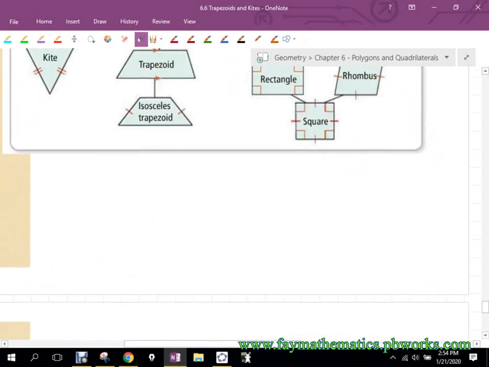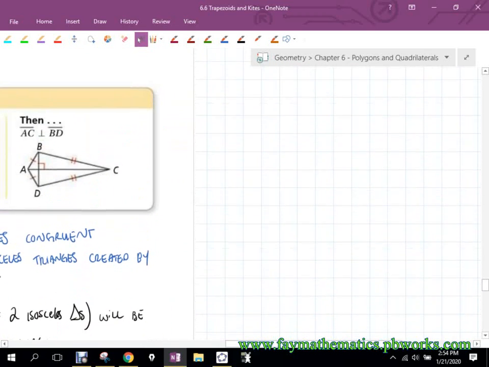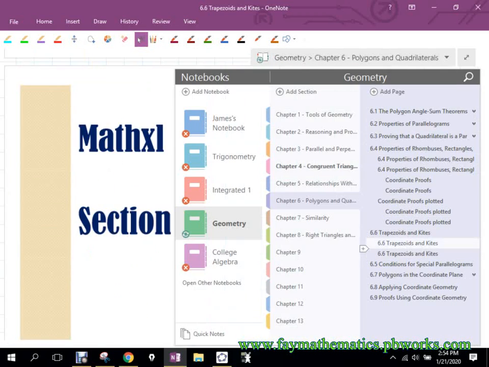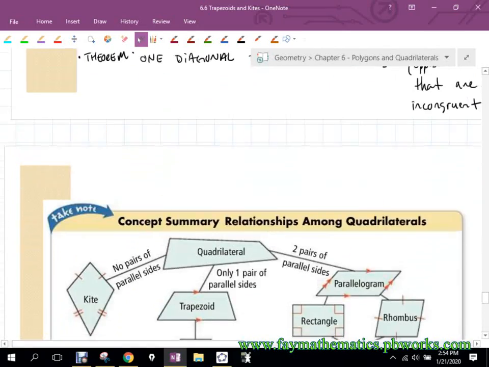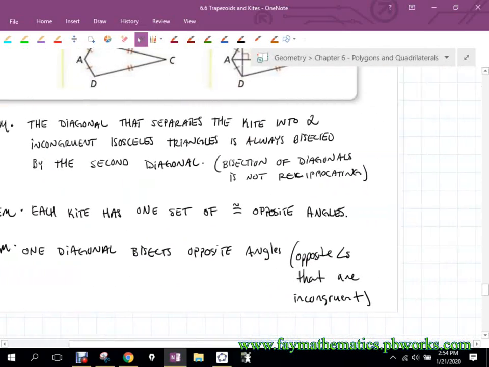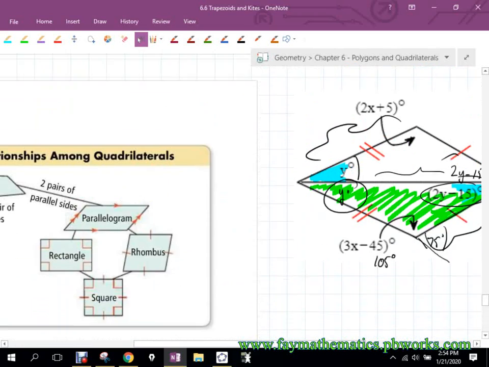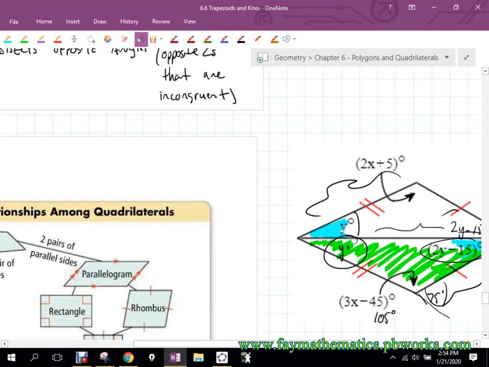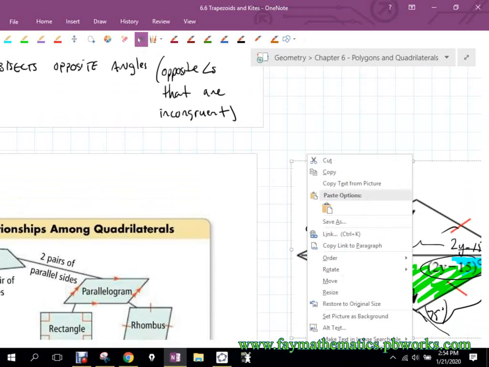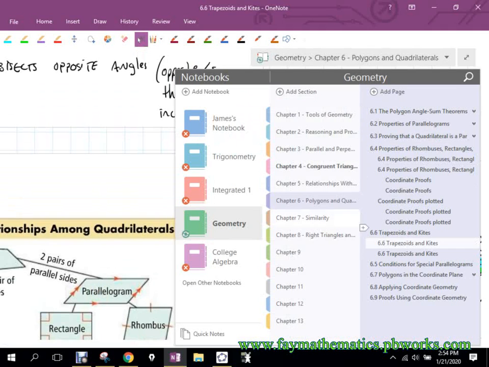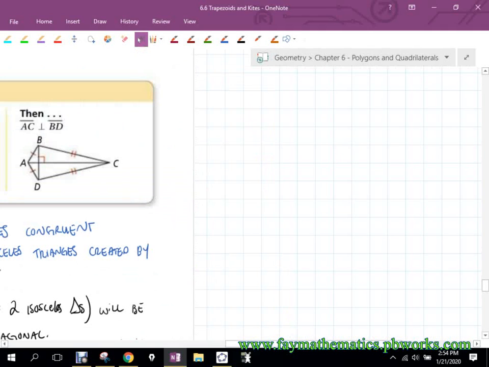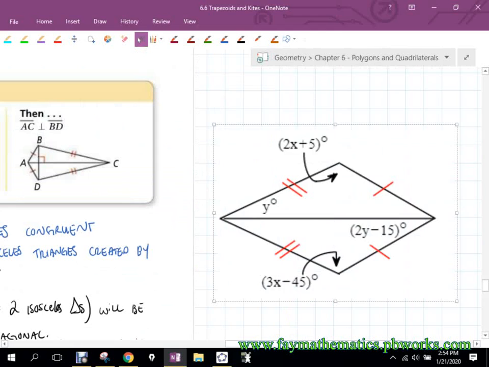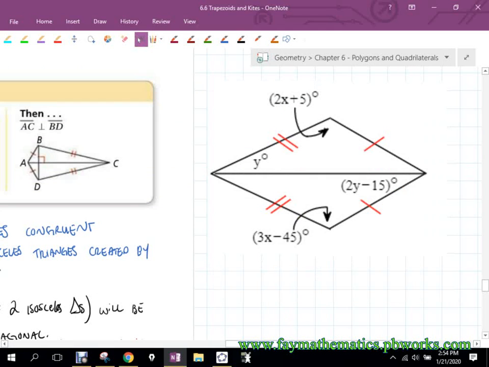So you're going to see in your homework a question. I think I've got it. I have to cut and paste it from this side. There it is. They gave you a couple of questions that looked like this and asked you to solve for X and Y. Now, they do this on purpose.